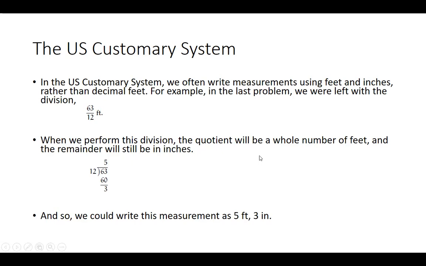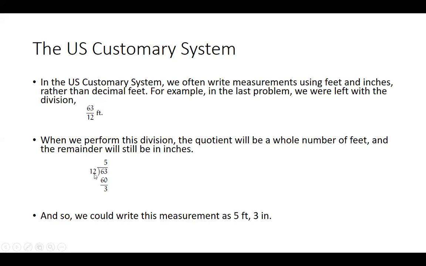In the US customary system, we often write measurements using feet and inches rather than decimal feet. For example, in the last problem, we were left with the division 63 over 12 feet. When we perform this division, the quotient will be a whole number of feet and the remainder will still be in inches.